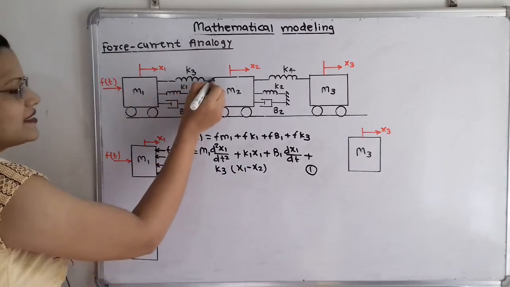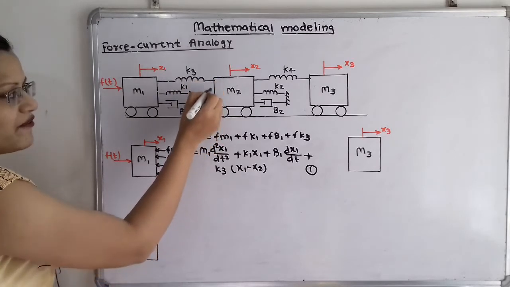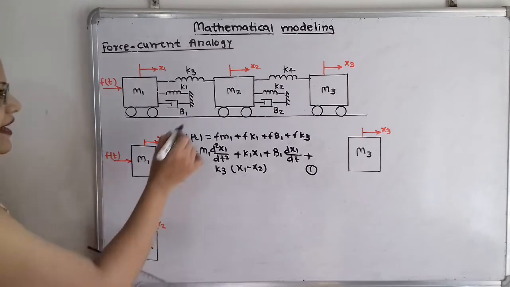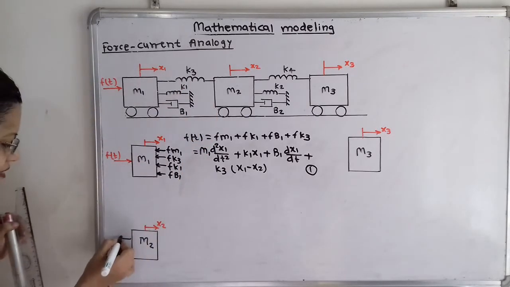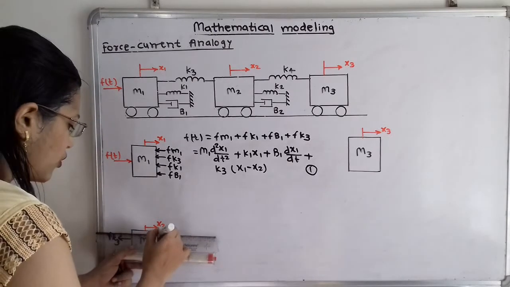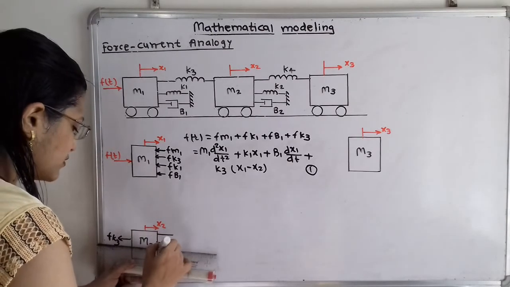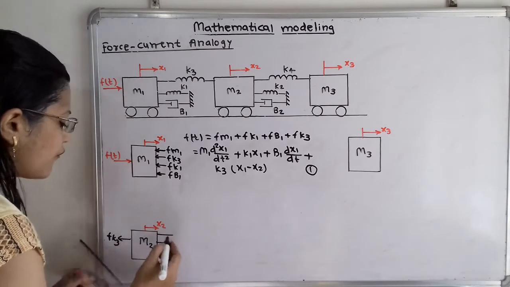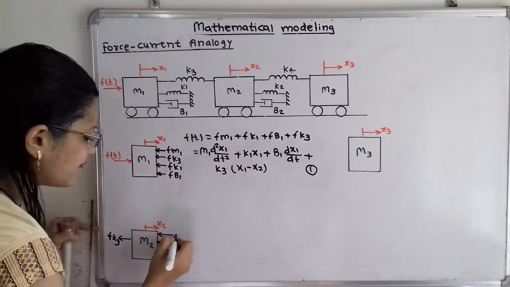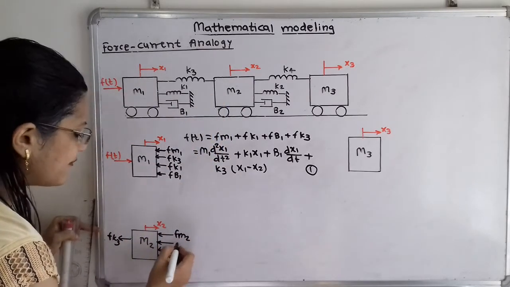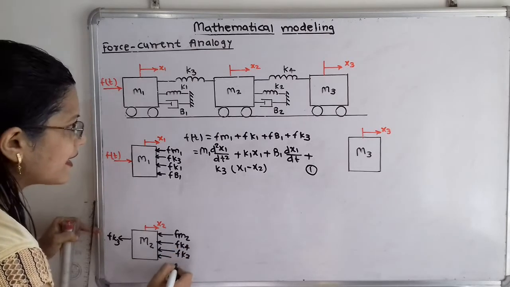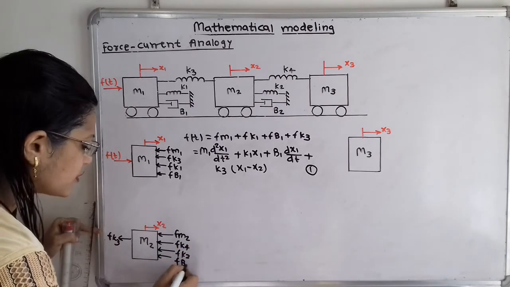Now this k3 is attached to the left hand face of this m2, so I will show here the reaction force due to the spring with stiffness k3, that is fk3. Then all the other forces I will show here. First we will write the inertia force due to mass m2, that is fm2, then fk4, then fk2 and fb2.